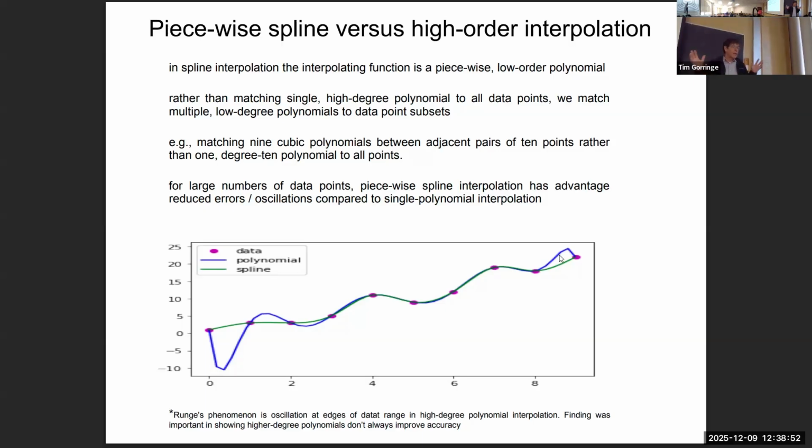A piecewise spline is a different procedure in which, instead of using one polynomial for the whole set of data, you fit little discrete regions of your range of data to lower order polynomials, and you match them at the boundaries between these different regions where you're putting the lower order polynomials.